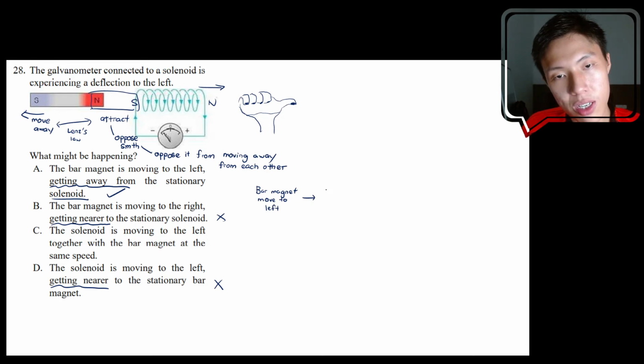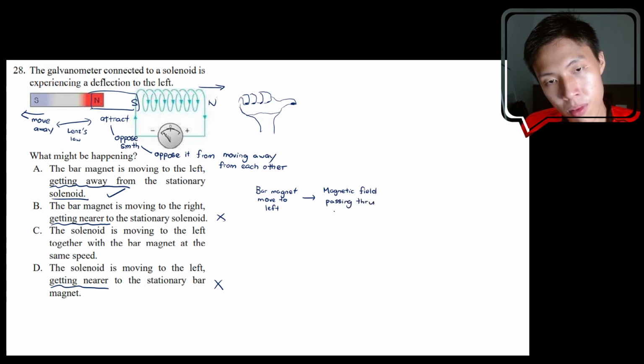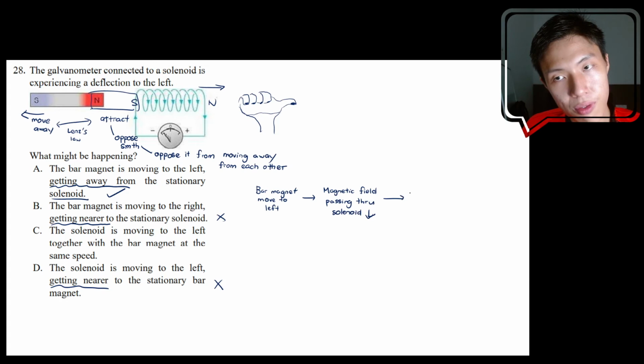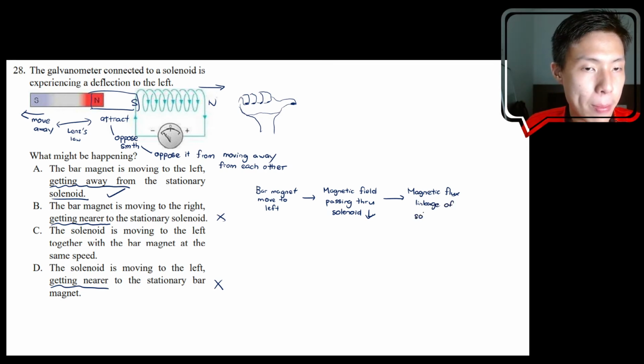So it will cause the magnetic field passing through the solenoid to decrease. The magnetic field passing through the solenoid decreases, therefore the magnetic flux linkage of the solenoid decreases.